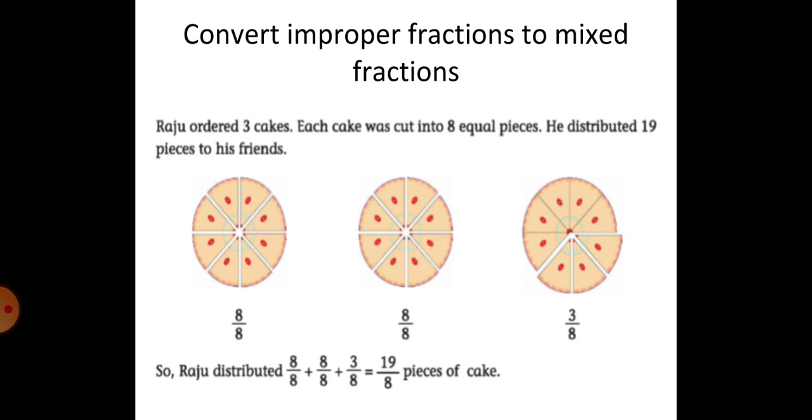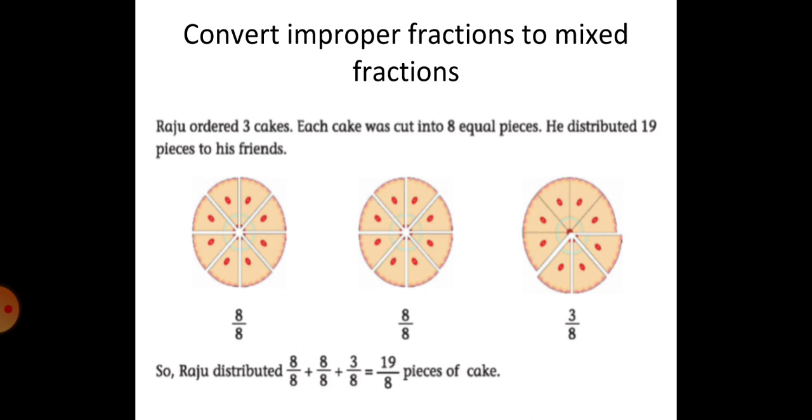Shall we? Yes. Raju ordered 3 cakes. Each cake was cut into 8 equal pieces. He distributed 19 pieces to his friends. So, how many pieces would he have distributed from each cake? Shall we count? Yes. The first one, the whole cake, since it is 8.